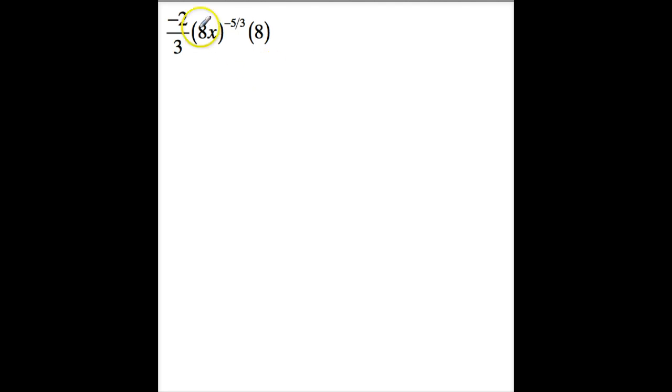Now, what if I have something like this? This becomes quite messy if I'm not careful. This is negative 16 over 3 times 1 over 8 to the 5/3 x to the 5/3. All I've done is move everything to the denominator. Now 8 to the 5/3: the cube root of 8 is 2.